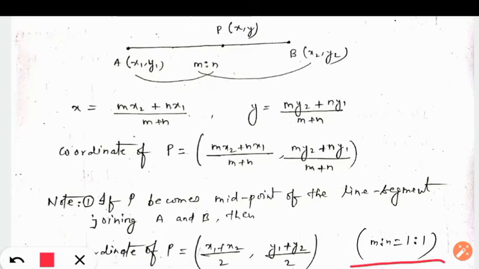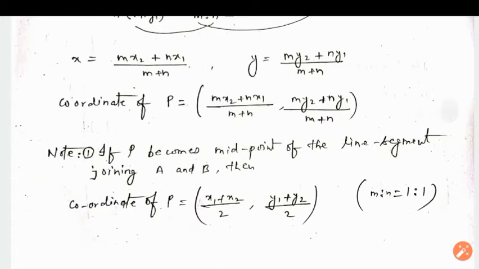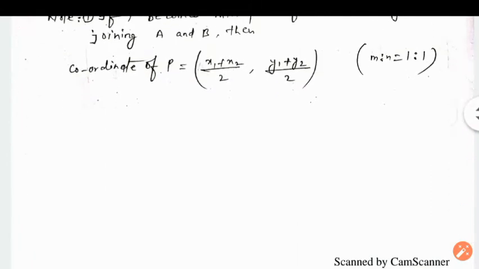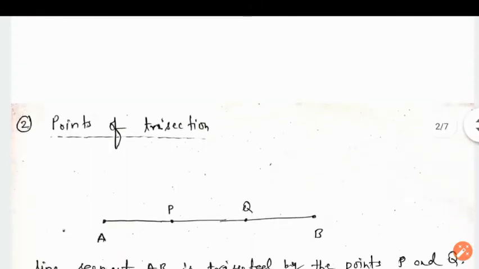So if in place of m and n we put 1 and 1, we will get (x1 plus x2) divided by 2, (y1 plus y2) divided by 2. This is known as the midpoint formula. The sum of the abscissas divided by 2, comma, the sum of the ordinates divided by 2. That was note number 1.